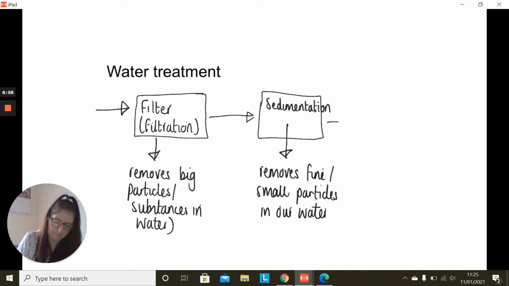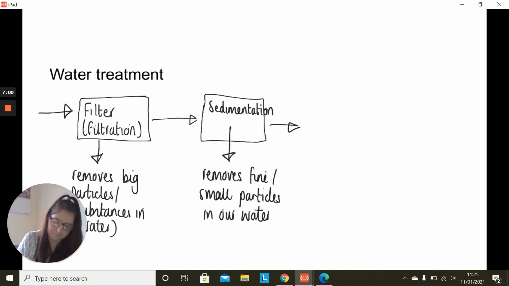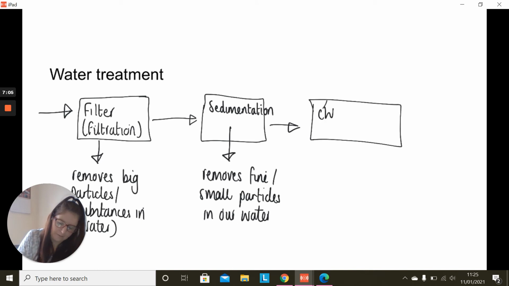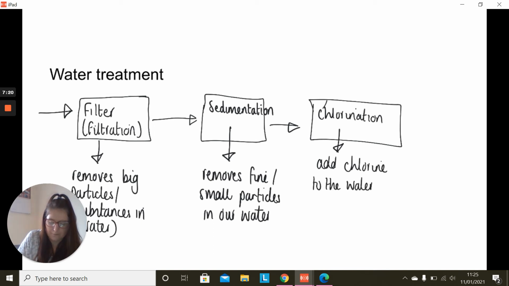It then goes through into a chlorination tank. Essentially chlorination is where we add chlorine to the water. We add it slightly, just enough.